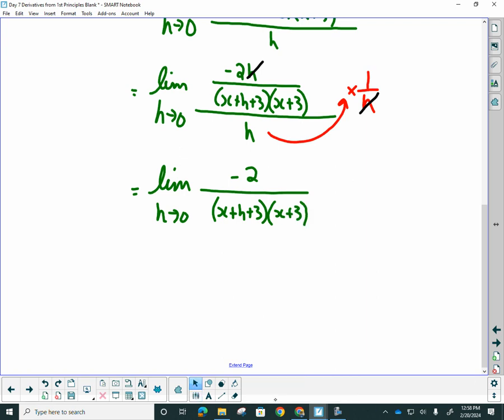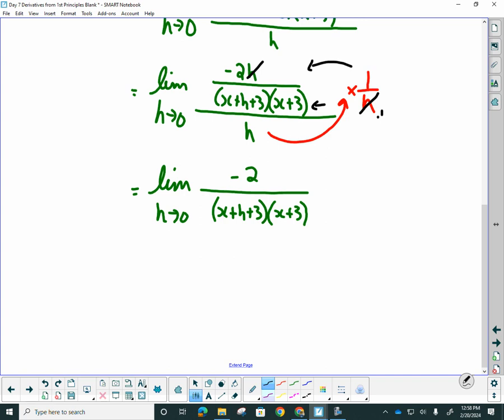And since I brought the h up top here, this is just a 1, and 1 times this thing is just the same, and the top is a 1 times negative 2, and that just leaves me with negative 2.